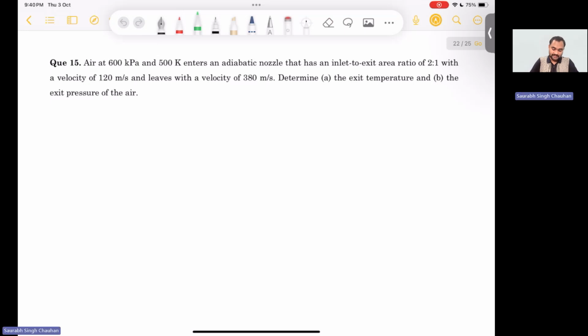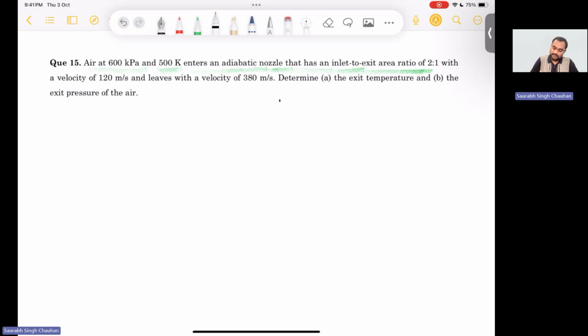Question 15 says air at 600 kilopascal and 500 Kelvin enters an adiabatic nozzle. Okay, so adiabatic nozzle means there is no heat transfer between nozzle and environment. That has an inlet to exit area ratio of 2:1.